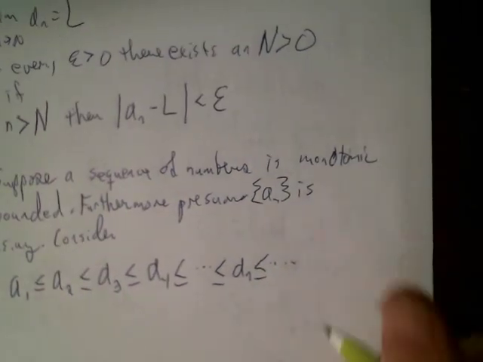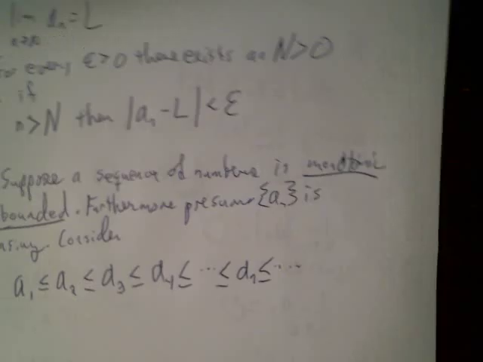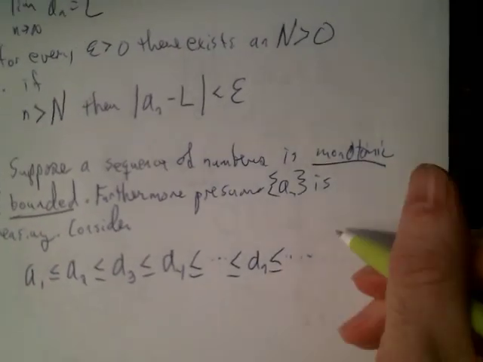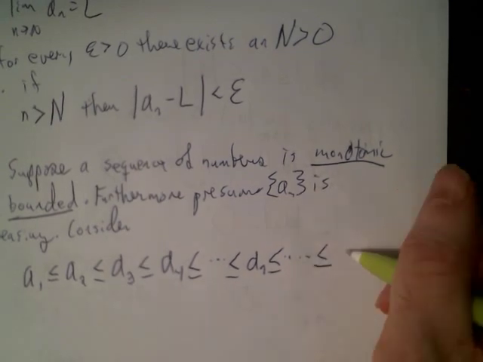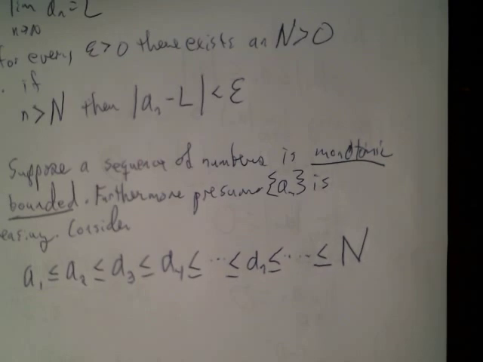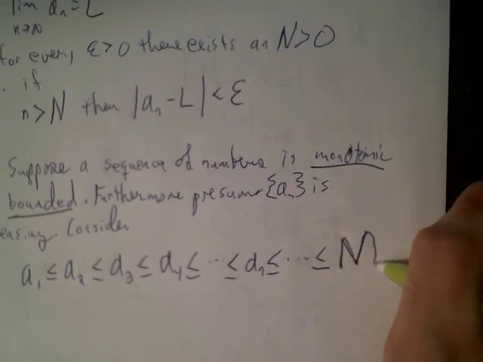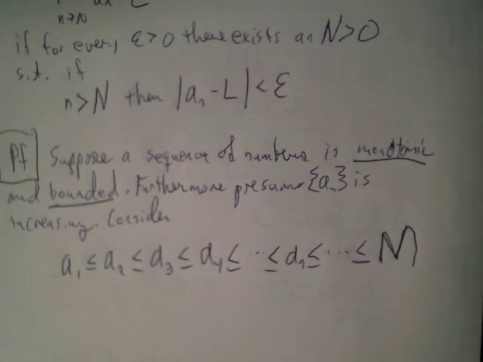And then it's bounded above, so it's monotonic and it's bounded. So we could say it's less than or equal to some number we'll call M. Or maybe we should call it something else, since I'm going to use the letter m later.